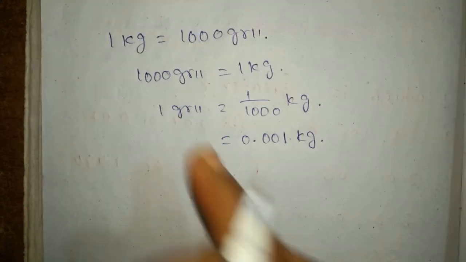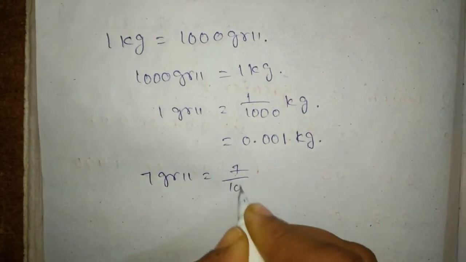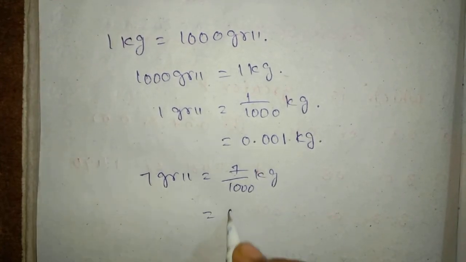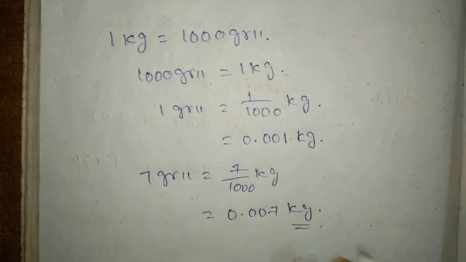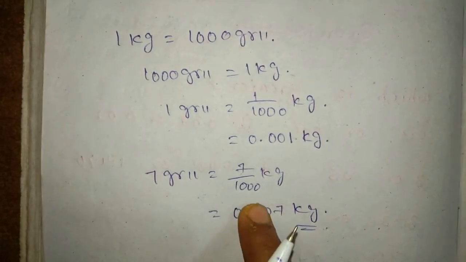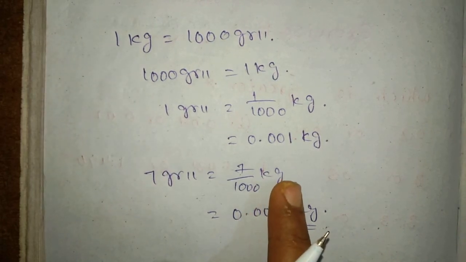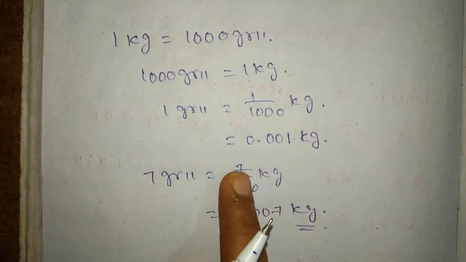Similarly, 7 grams is equal to 7 by 1000 kilograms, which can be written as 0.007 kilograms.